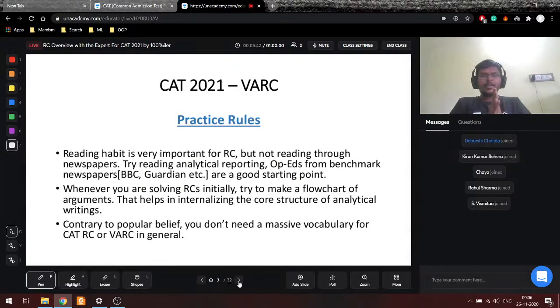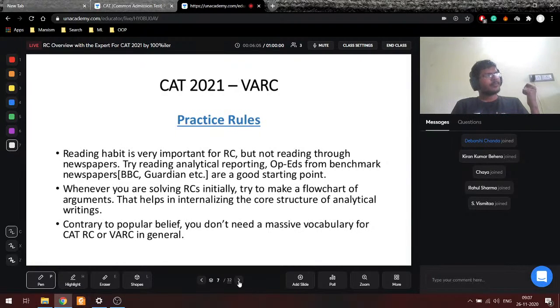So these are the general principles of practicing for VRC for CAT. The first one is that yes, reading newspapers, general newspapers like Statesman, Hindu, etc. helps. It acclimatizes you and familiarizes you with reading long English text.